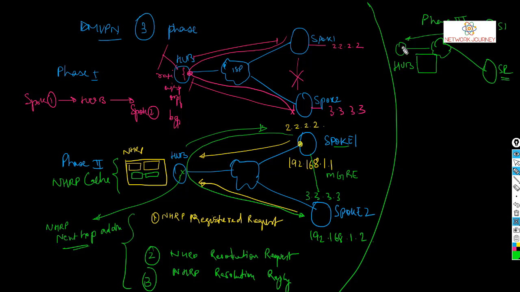It's not going to bother about the public IP of that. Instead, it's going to send an NHRP redirect packet to both the spokes. The same copy will be sent to this one, and one copy will be sent to the second spoke. Now this information will be stored in the local spoke routers, and they will form the direct tunnels.